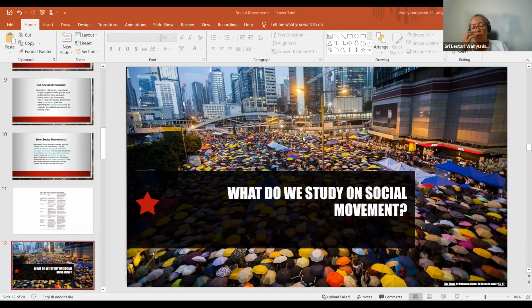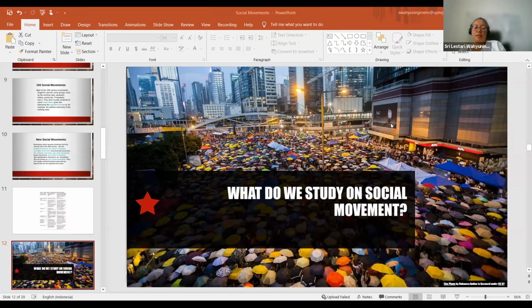Okay, we're still waiting for a question from Amelia. Amelia, have you finished typing in chat? There you go. I want to ask about the difference between social movement and political movement. I know when it comes to goals and proposals, both are entirely different. But I want to ask about the RUU PKS demonstration. Is that social movement or political movement?